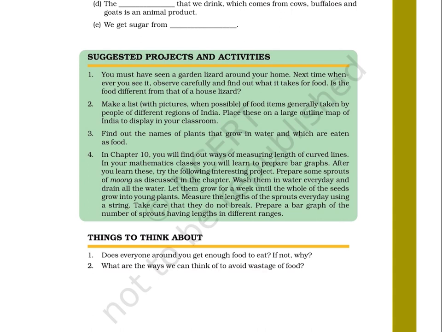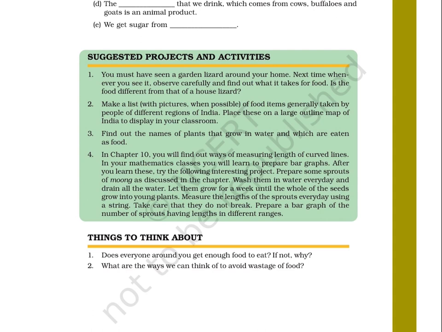3. Find out the names of plants that grow in water and which are eaten as food. 4. In Chapter 10, you will find out ways of measuring length of curved lines. In your mathematics classes, you will learn to prepare bar graphs. After you learn these, try the following interesting project.